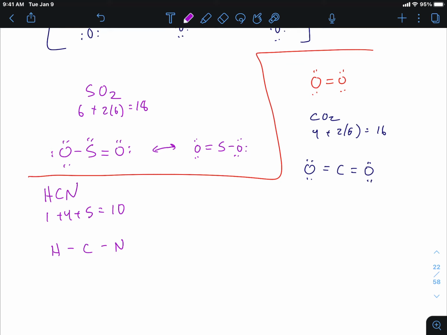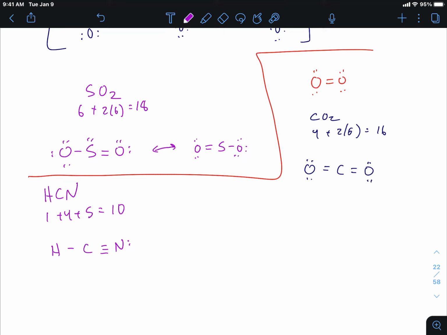I've only got 10 electrons to work with. We've seen this before. 10 is not going to be enough to spread out 8 over everything, right? So that means we have a triple bond. There's a triple bond on one side, and a single bond with hydrogen on the other side.